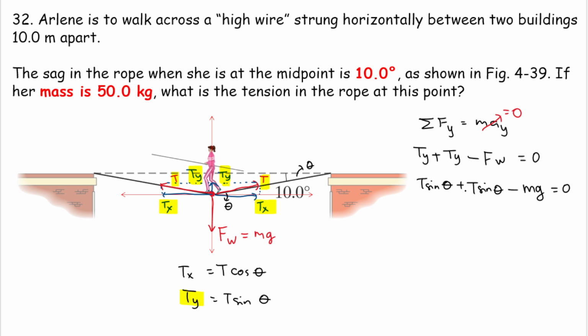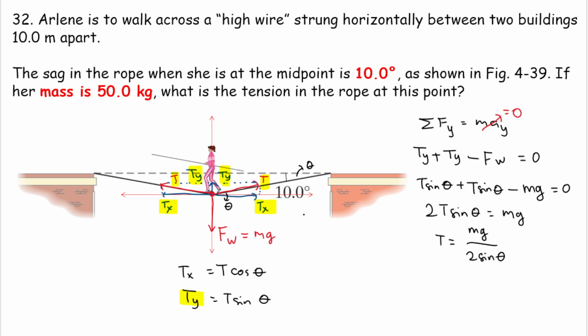This is the same one, so I will have 2T sine theta equal to mg. And we can divide both sides by 2 sine theta, right? So we will have T equal to mg divided by 2 sine of theta.